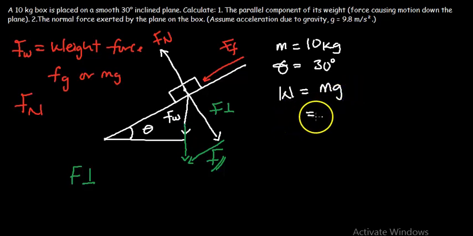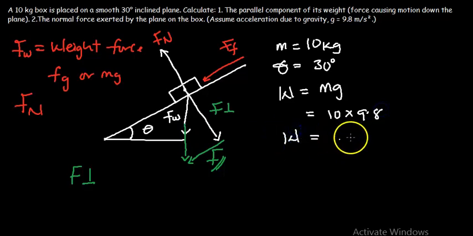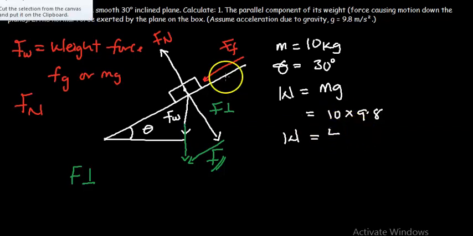So the mass is 10 kg multiplied by the constant gravity, which is 9.8 meters per second squared. So our weight is simply going to be 49 newtons. Sorry, if you punch it on your calculator, it's going to be 98 newtons instead.